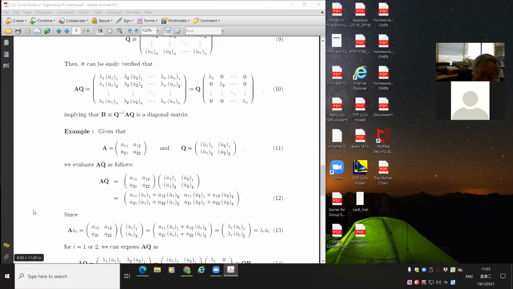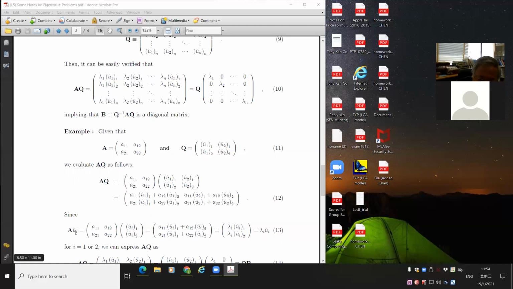Now, the application of the matrix A on each eigenvector will give you this, as shown in equation 13. So A11 times the first element of the ith eigenvector plus A12 times the second element of the ith eigenvector. So what is this?